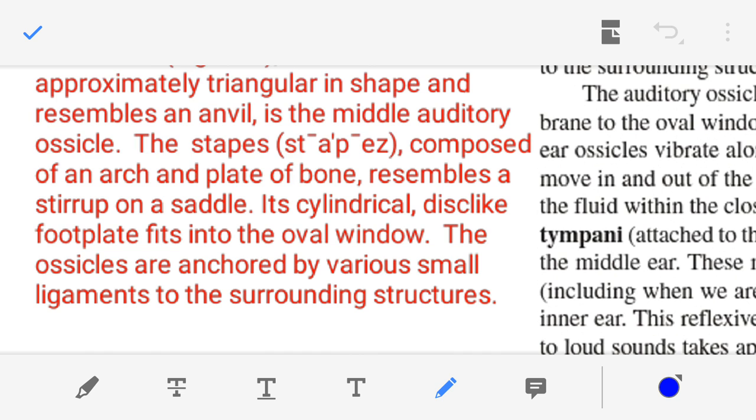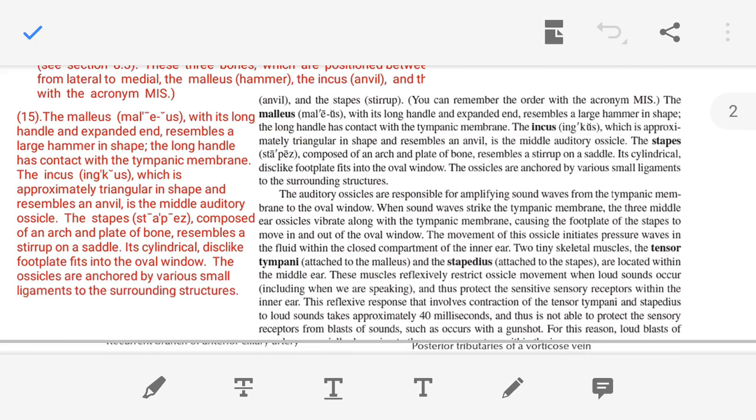Now the ossicles are anchored by various small ligaments. With these three auditory ossicles, various ligaments are attached, and at the same time these ligaments are also attached to the surrounding structures.